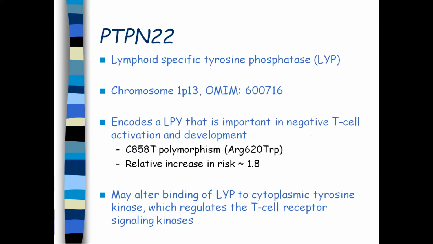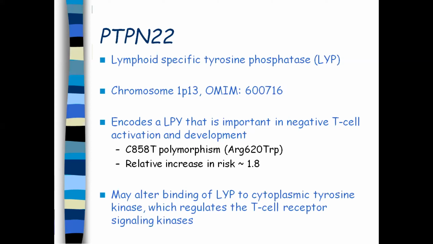Then when we are talking about PTPN22, lymphocyte specific tyrosine phosphatase. Chromosome 1p13 encodes LYP, which is important in negative T cell activation and development. So this is mainly responsible for alteration in binding of LYP to cytoplasmic tyrosine kinase, which regulates T cell receptor signaling kinases.